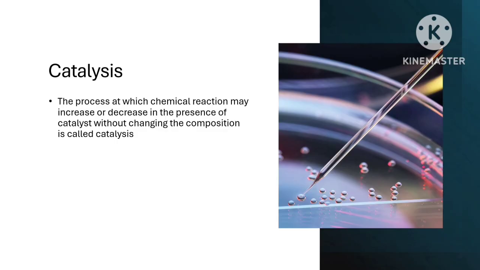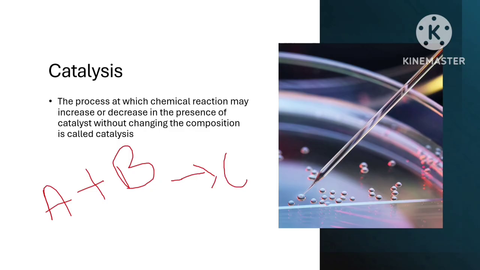Next, catalysis. What is the meaning of catalysis? It means, for example, the reaction A plus B is going to give you C as a product. Okay, this is an example. Here I am using catalyst. I have written simply Ca. Here A plus B will give you C as a product in the presence of Ca.